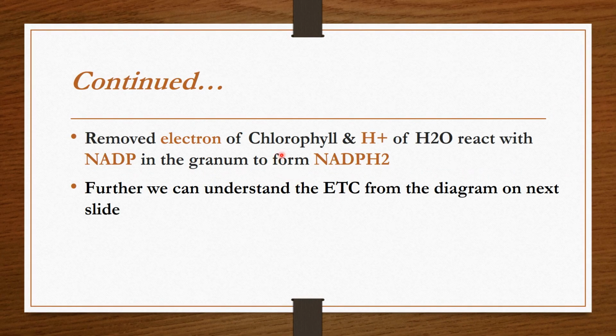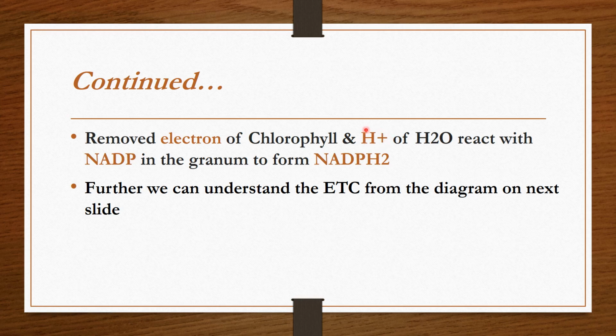The removed electron of chlorophyll and the hydrogen of H2O react with NADP in the granum to form NADPH2. The same electron which was removed from the chlorophyll, and by the splitting of H2O, hydrogen was removed, electron was removed, and oxygen was removed. The oxygen was released into the air. The electron passed through the electron transport chain.